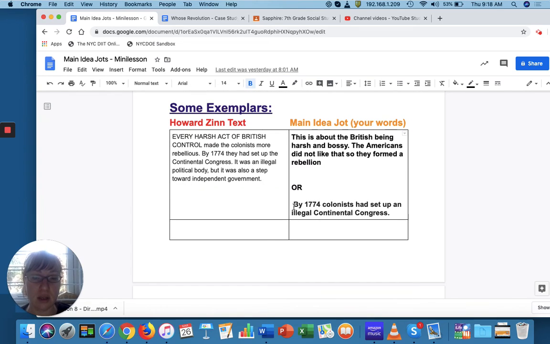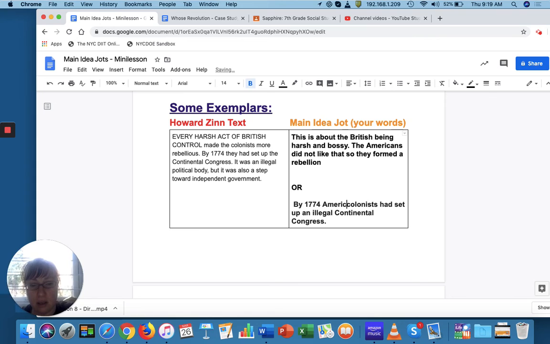You could write, by 1774, the colonists had set up an illegal Continental Congress. This person thinks that they will remember what a Continental Congress is. It might be even better if you add in the American colonists: by 1774, the American colonists had set up an illegal Continental Congress.